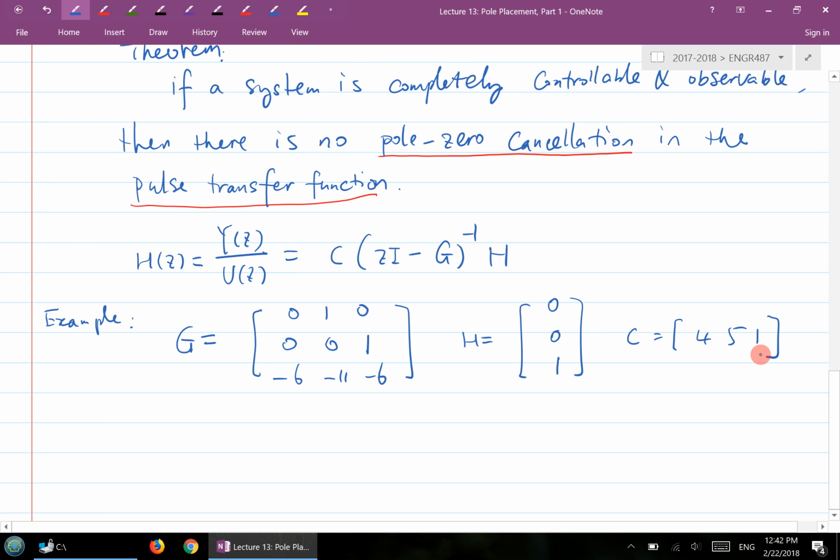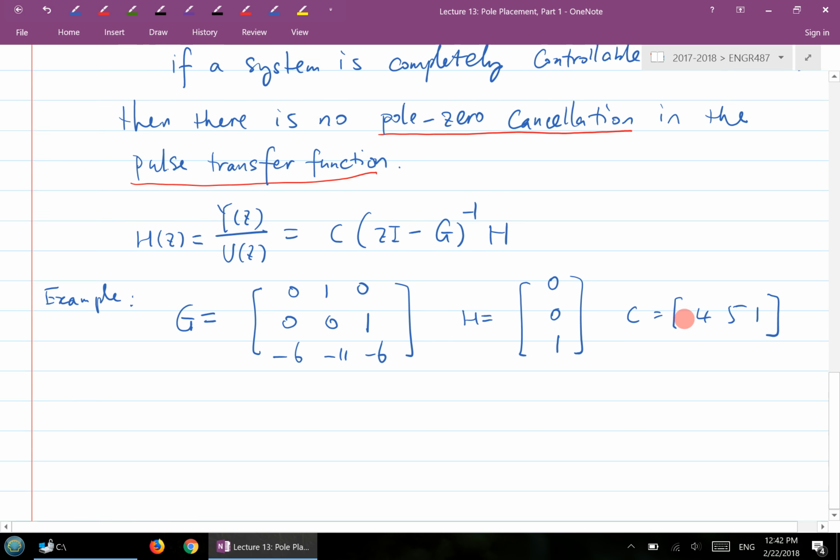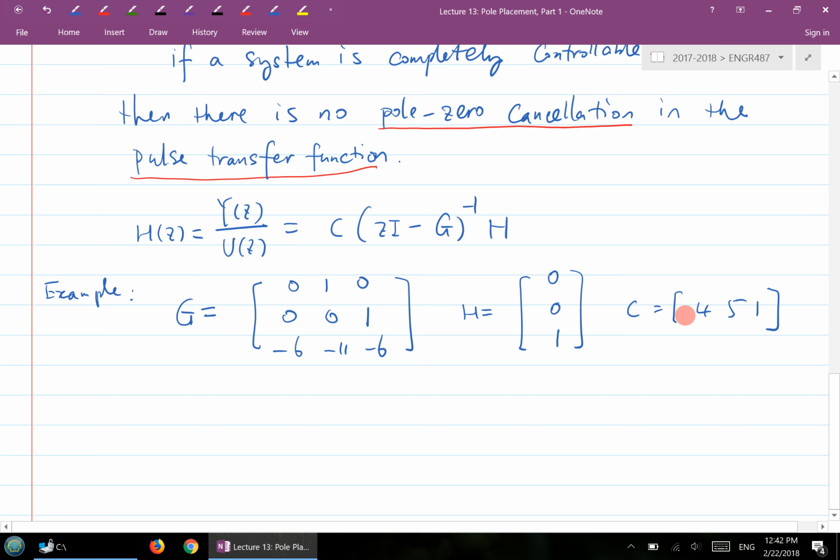Before we proceed, look at the given matrices G, H, and C. What does that remind you of? Look at the G matrix here. It's in what type of format? Control canonical format, right? And so are H and C. So basically you don't really have to do anything, because this is exactly in the control canonical format.